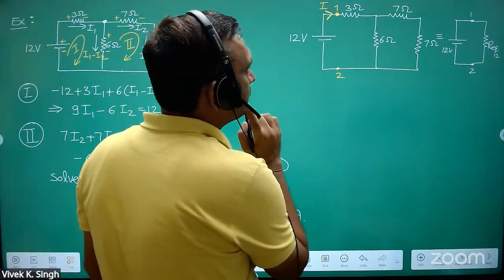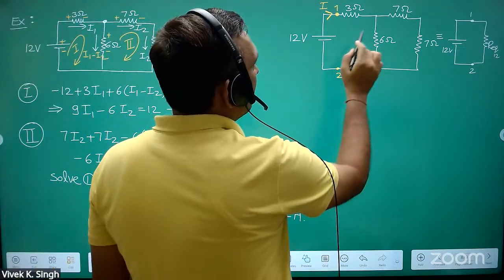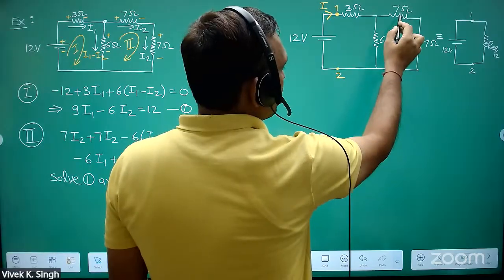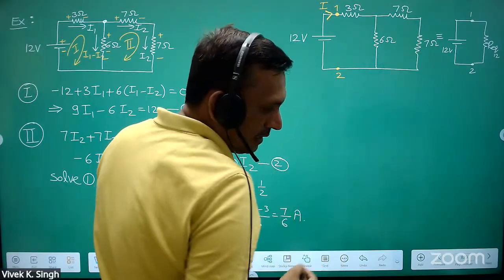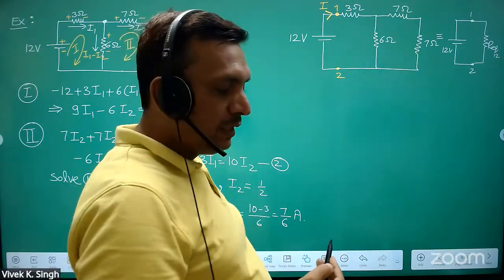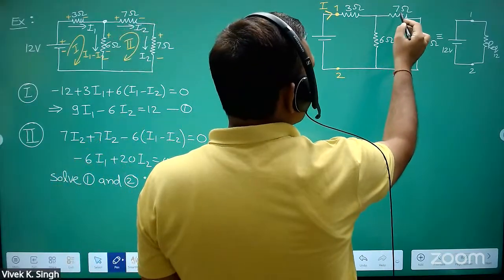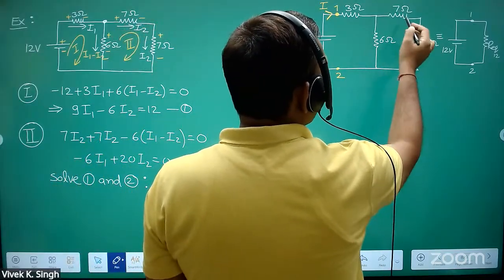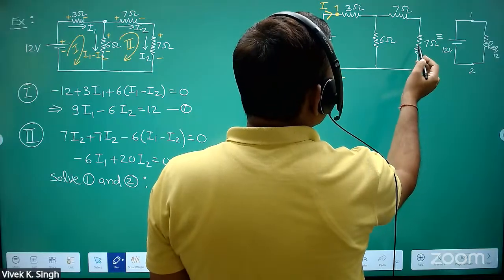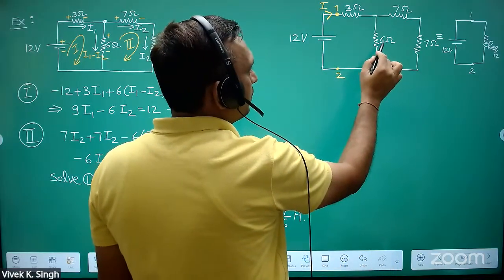Now you can see these two resistances are in series. In series, current will be the same, and in parallel, voltage will be the same. So what is the equivalent of these two? This is 14 ohm, and this is in parallel with 6 ohm.